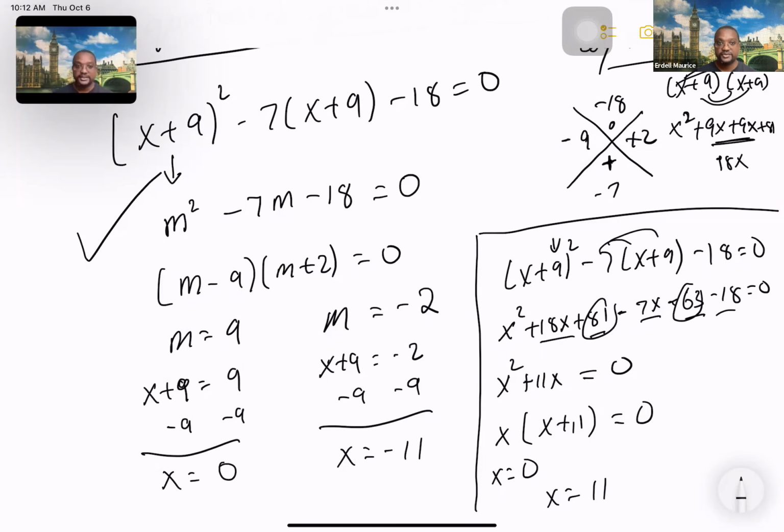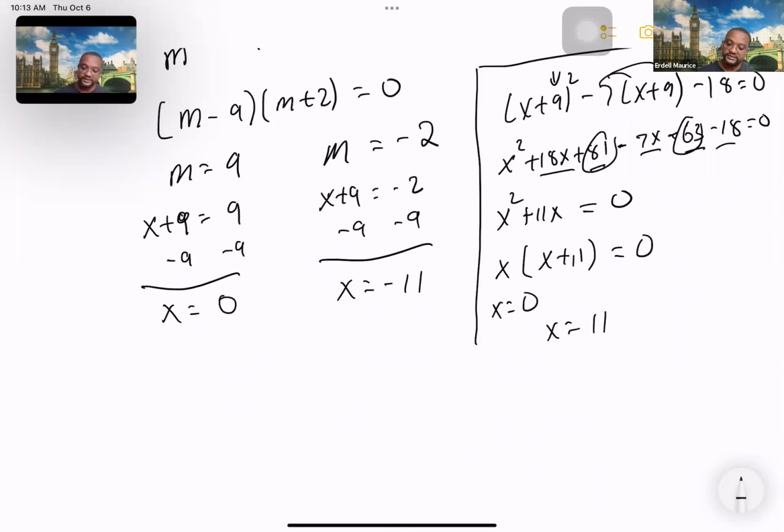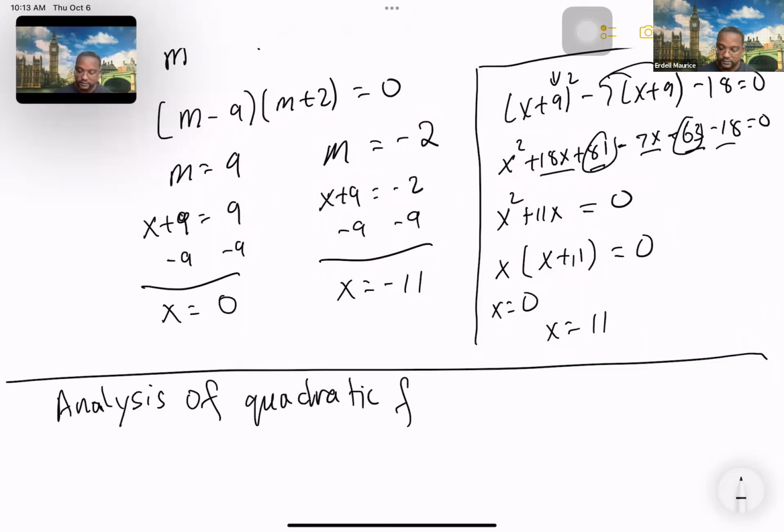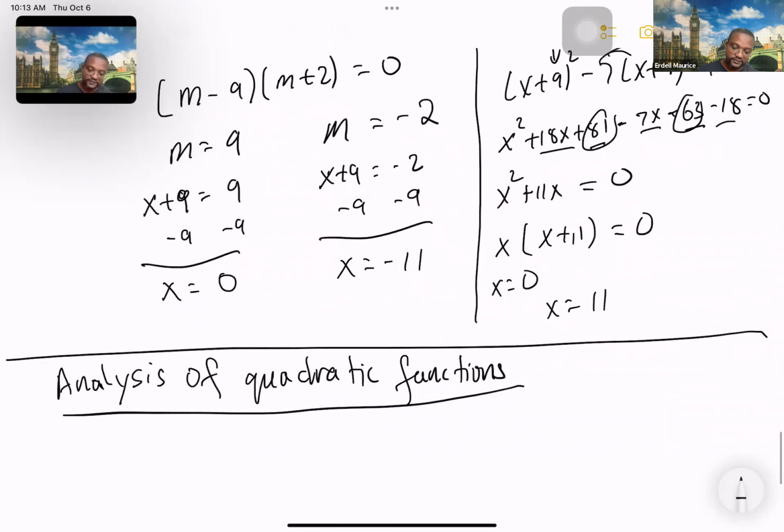Okay, now the next section right here is analysis of quadratic functions. And they give us a quadratic function.